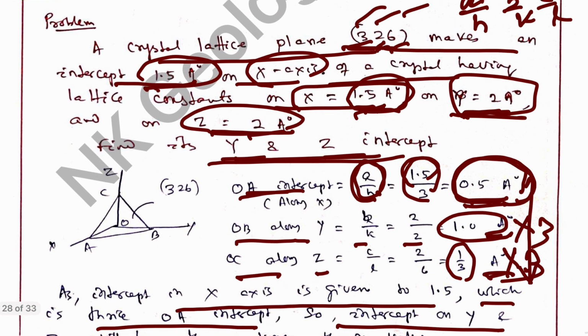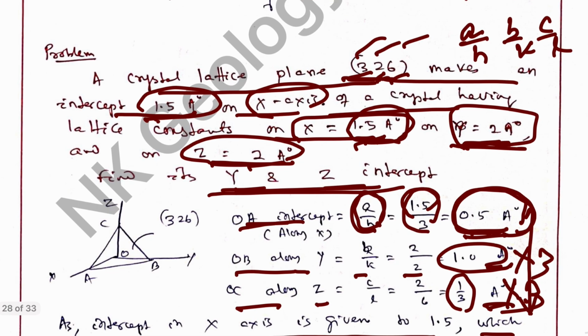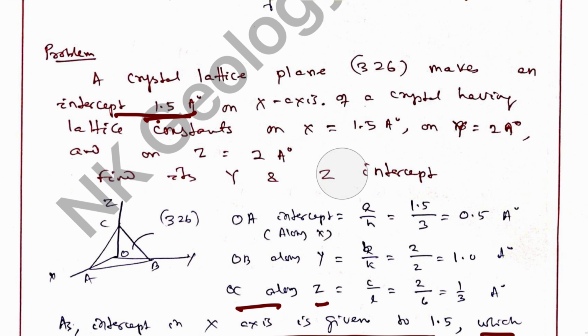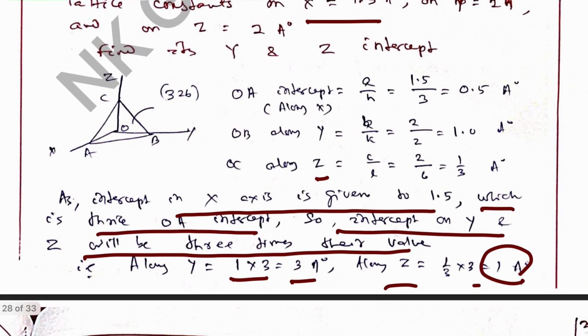So this is the actual intercept value of the plane 326 in a cell structure having the axis lengths 1.5 angstrom, 2 angstrom and 2 angstrom for a, b and c axes.